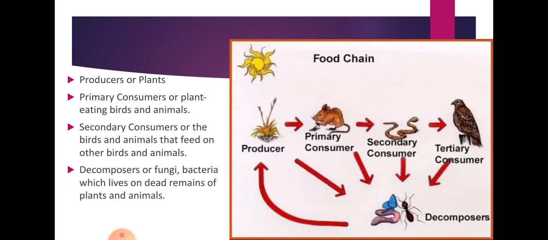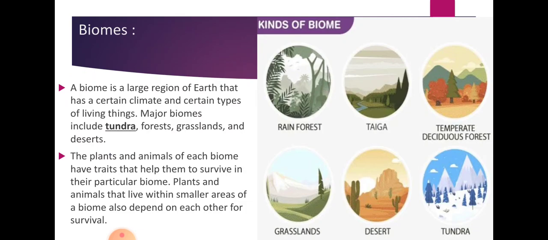Now the next topic that we have to discuss in this video is the biome. Here you have to understand the difference between the biome and the ecosystem. A biome is a large region of earth that has a certain climate and certain types of living things, such as tundra, forest, grassland, desert.